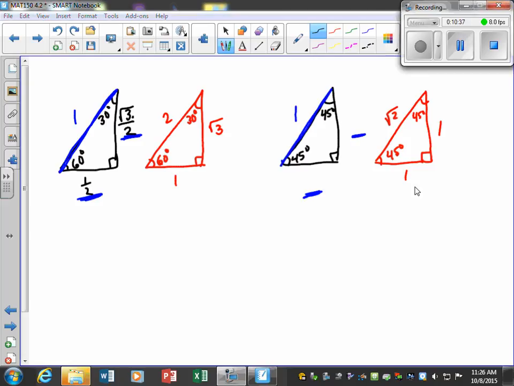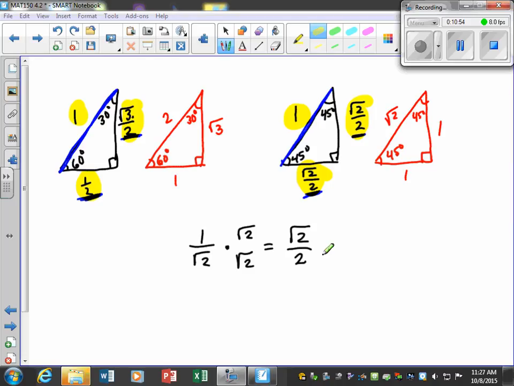So for this one, to get from the square root of 2 to 1, you divide this by the square root of 2. So whatever you do to this side, you do to all of the sides. So basically, we're going to divide everything in this triangle by the square root of 2, and that's going to call for some simplifying. Okay, good. So that's simplified to square root of 2 over 2, which means this side.